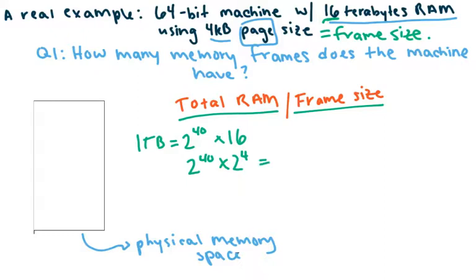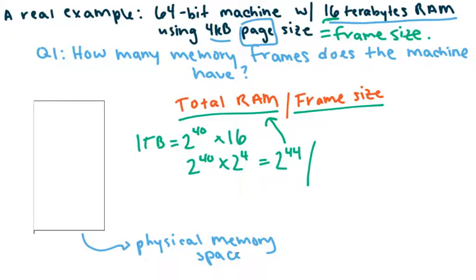When you multiply, you add the exponents, little review. And so we get that our total RAM is 2 to the 44th, and this is in bytes. Now we want to divide this by the frame size.